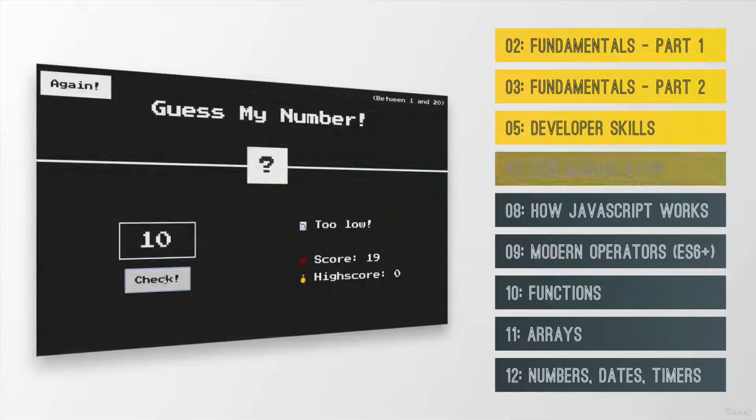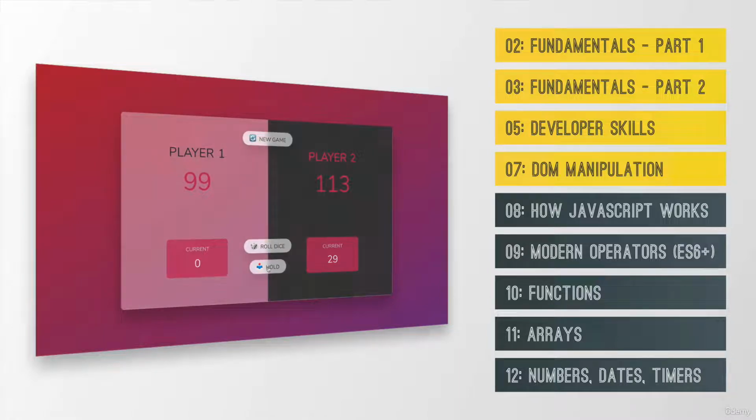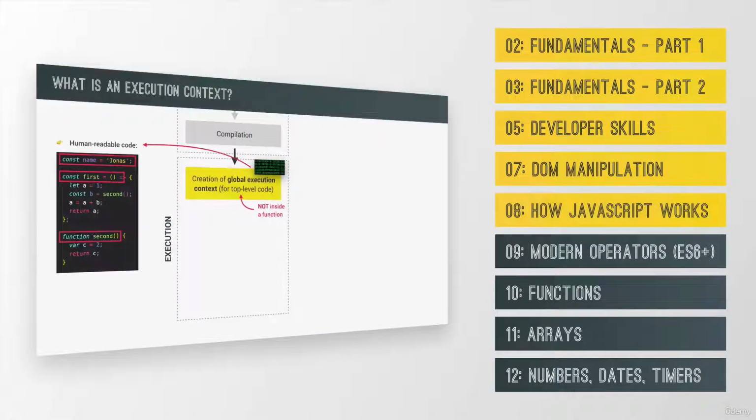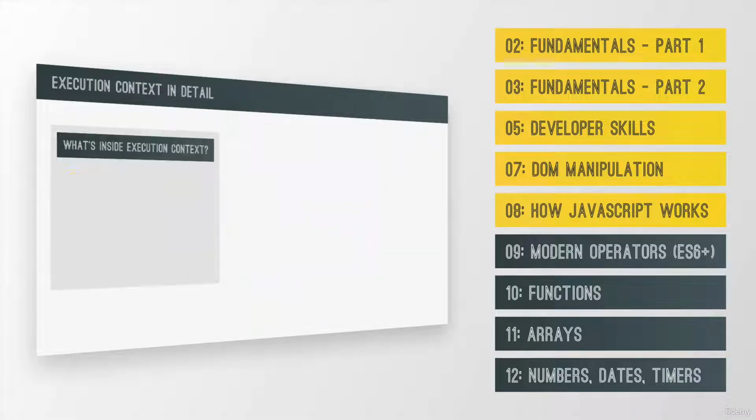After that, we build our very first project with the user interface. So this section is about DOM manipulation, and we will build not one, but actually 3 beautiful but simple applications. Then in section 8, we will take a detailed look behind the scenes of JavaScript to learn how the language actually works.